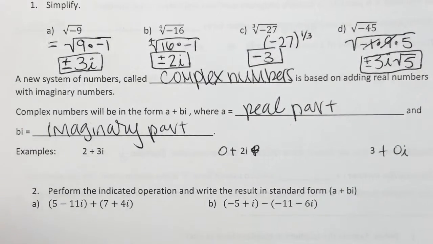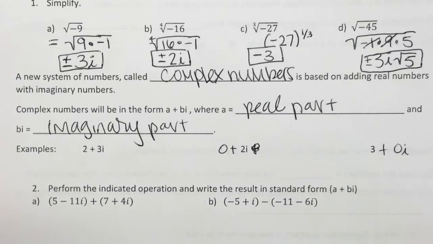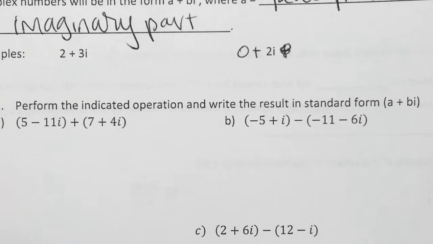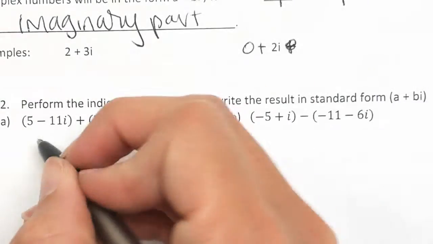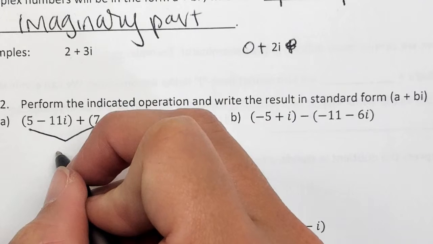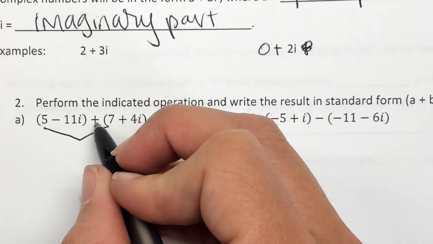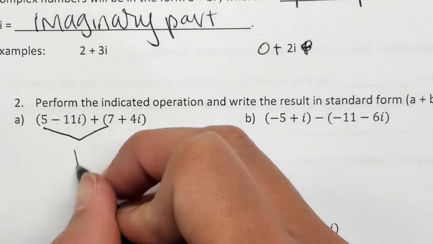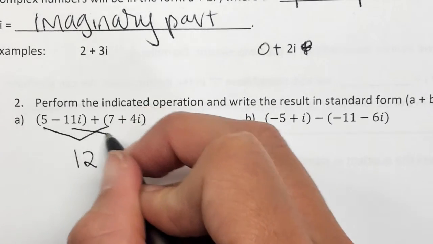Alright, also, you cannot add real and imaginary numbers. They're not like terms. Just like 3 and 2x would not be like terms, okay? So for this one, it's very easy. All we're doing is combining like terms. That's what we've been doing in Math Workshop. So does 5 have a friend? Yes, the 7. So what's 5 plus 7? And what is negative 11 plus 4?